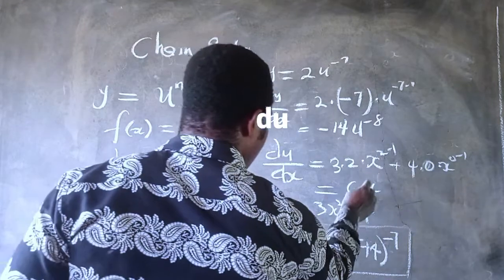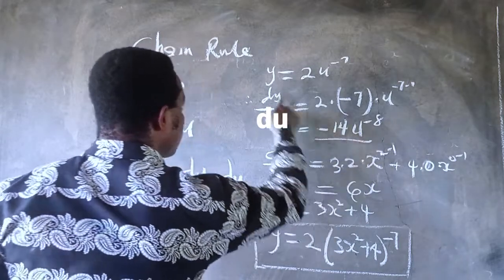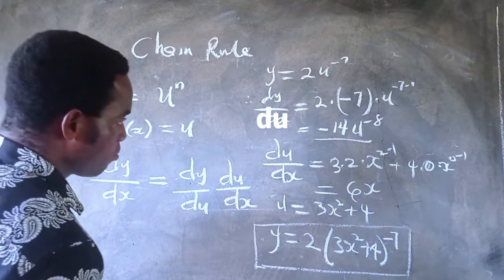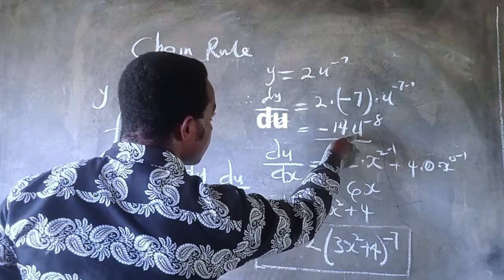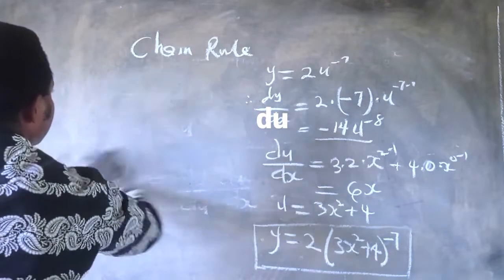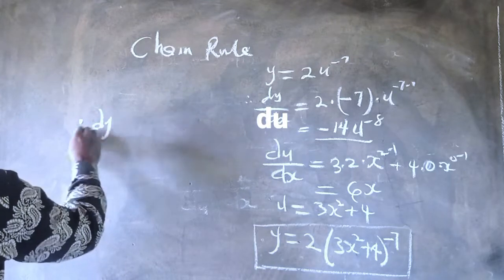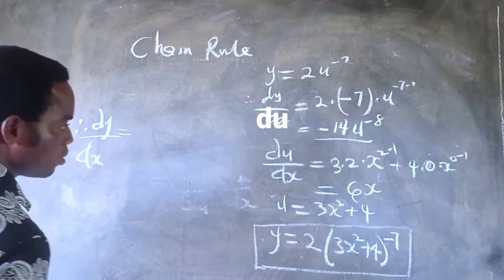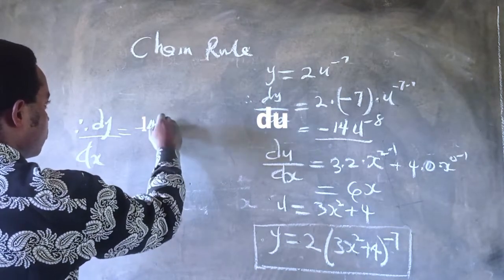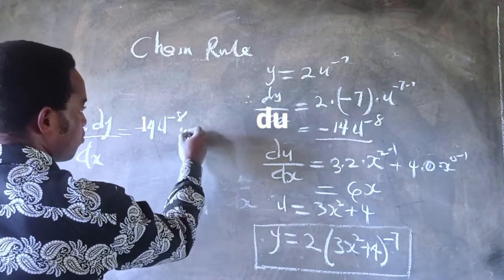We'll just plug these values into the formula. You see, the dy/du we put in the formula, and the du/dx we put in the formula, and we would obtain the derivative of the function. Okay, now let's go on and do that. So therefore, the expression for dy/dx is going to be dy/du, which is negative 14u raised to the power minus 8, multiplied by du/dx, which is 6x.